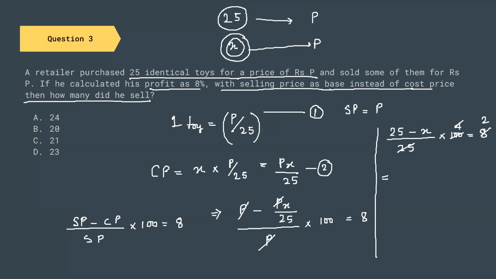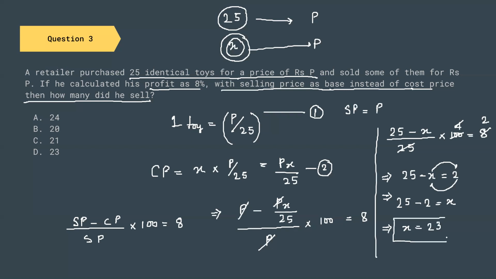So what is our next step? In the next step, we can write 25 minus X is equal to 2. We can take X on this side and 2 on this side. So we will have 25 minus 2 is equal to X. So the end result is X is equal to 23.